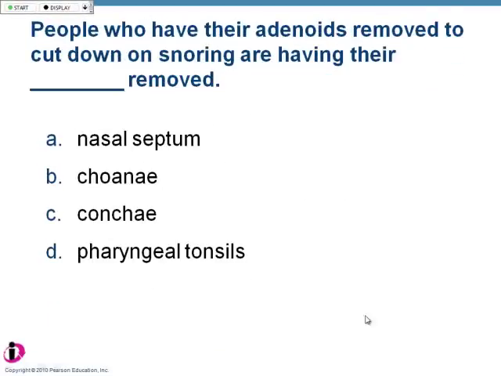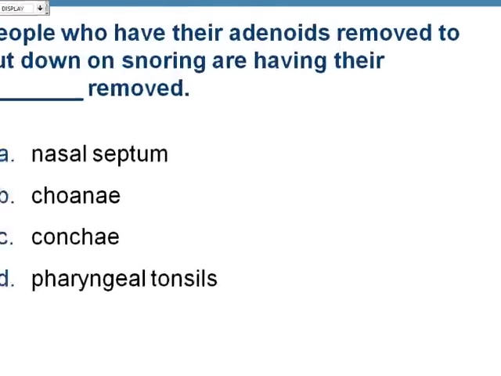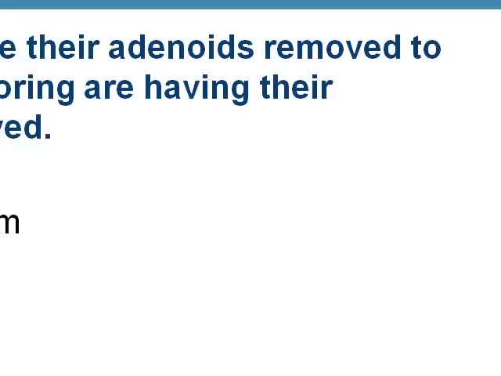All right, people who have their adenoids removed to cut down on snoring, ooh, maybe that's what I can do to my husband, are having their what removed? A, nasal septum, B, concha, C, conchae, or D, the pharyngeal tonsils.